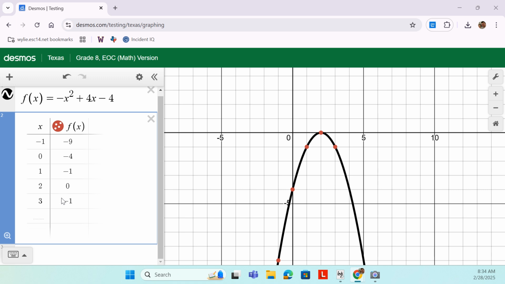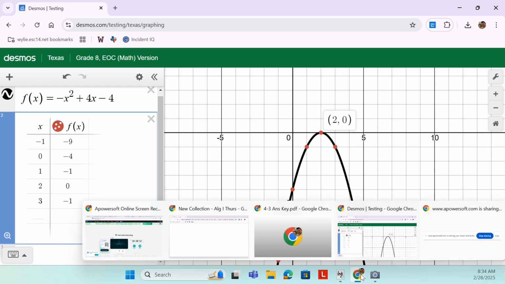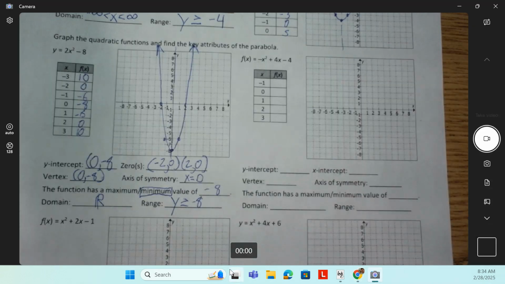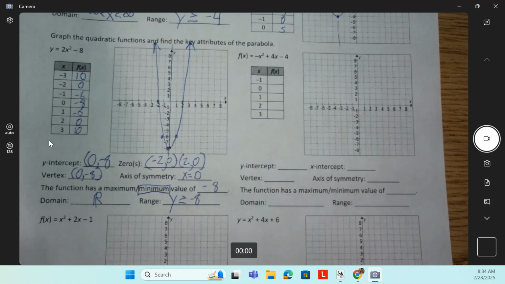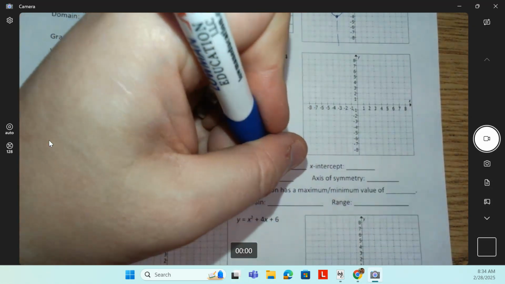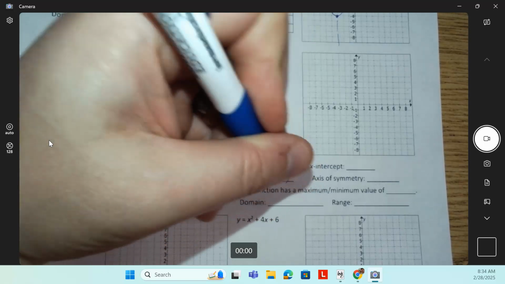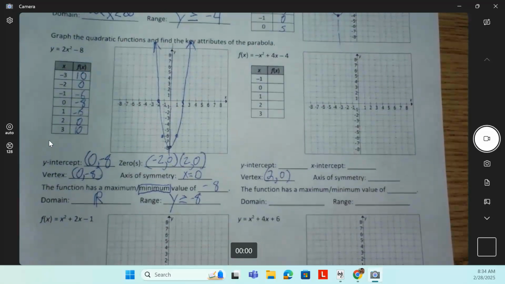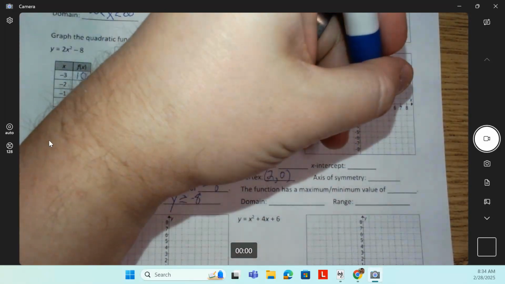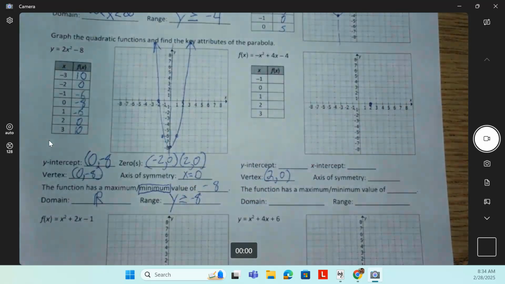They give us enough points to where we know where that vertex is going to hit. And on Desmos, you can always just click on it and get right away that the vertex is (2, 0). And so you could technically, before filling anything else in, just say, well, I know the vertex is at (2, 0). So if we get that out of the way, then that at least gives us our starting point.